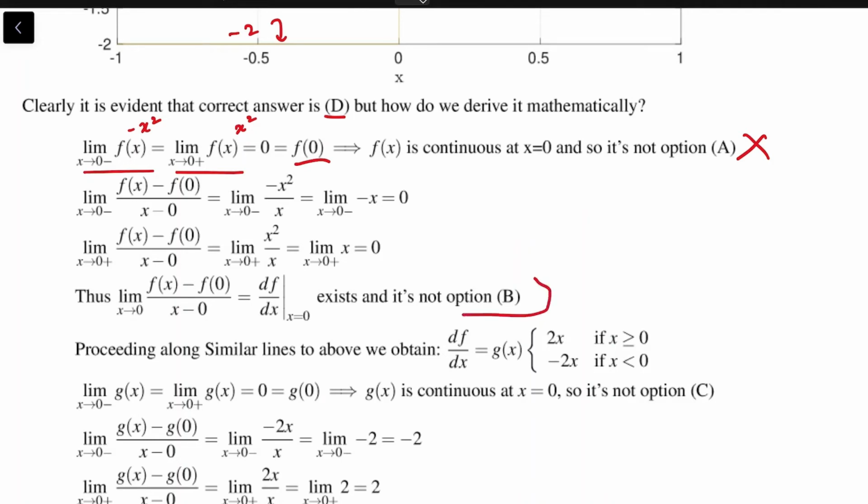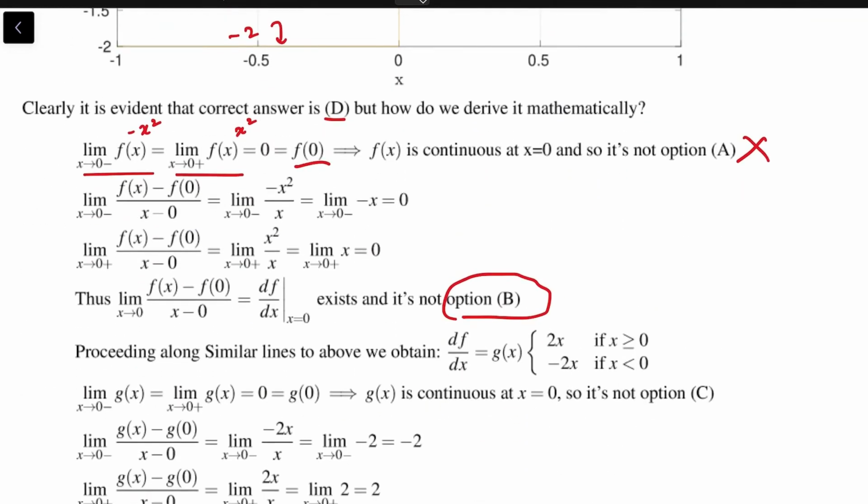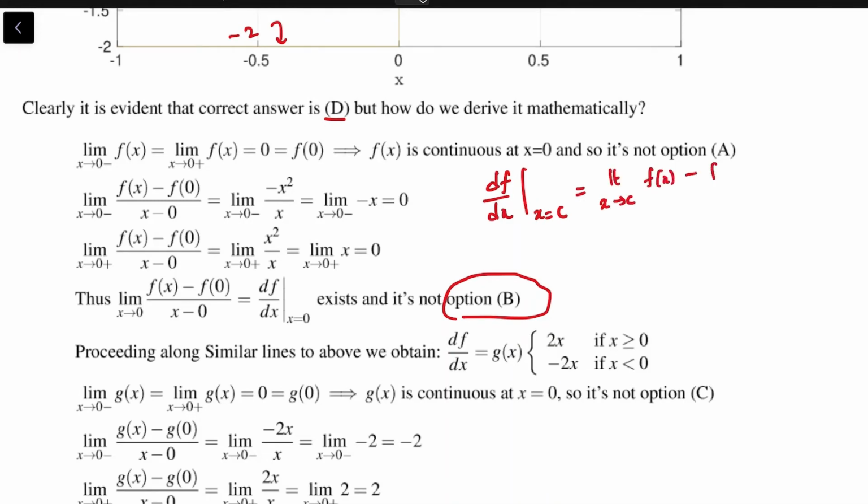Then option B is saying that the derivative does not exist at x equal to 0, but it's continuous. So we've already established continuity. Let's look at the derivative. Again, the derivative expression df by dx at x equal to c is equal to limit x tends to c of f of x minus f of c by x minus c.